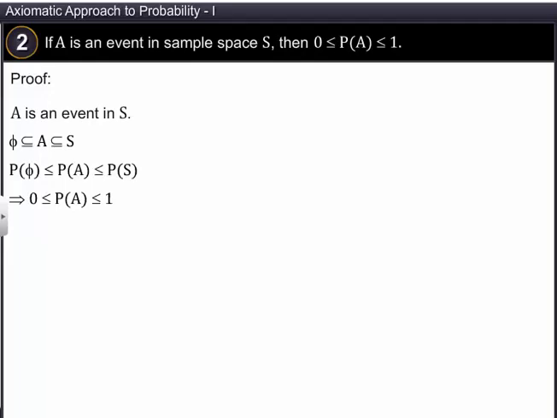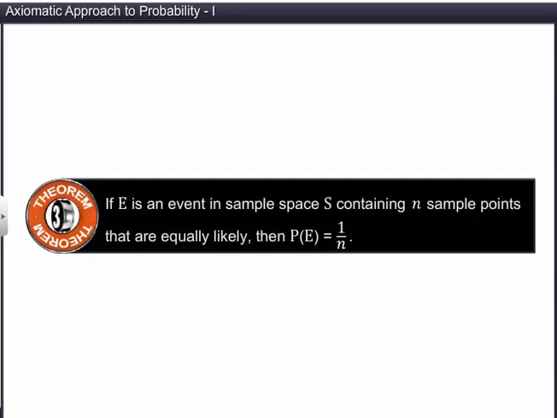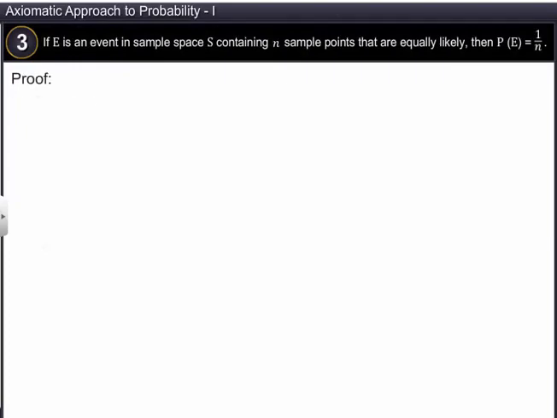Let's prove a theorem on the probabilities of equally likely outcomes. If E is an event in a sample space S containing n sample points that are equally likely, then P of E is equal to 1 divided by n. Let P of E be x.